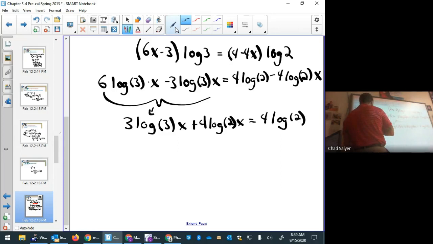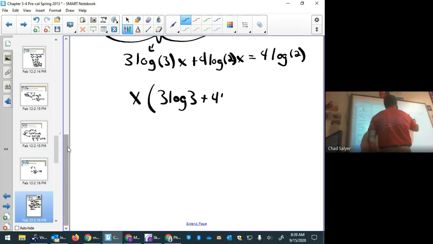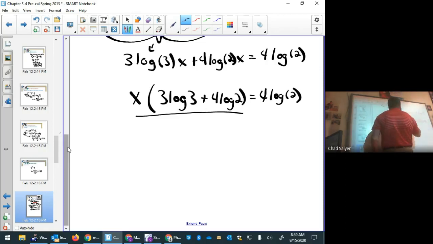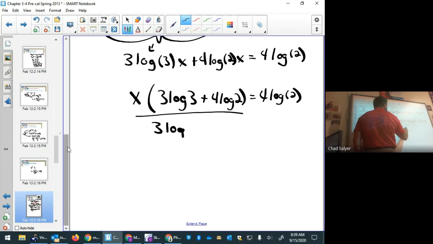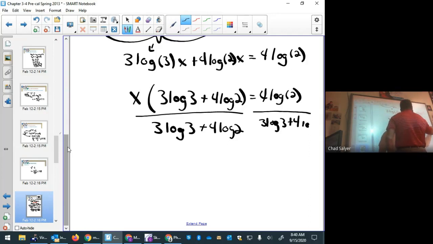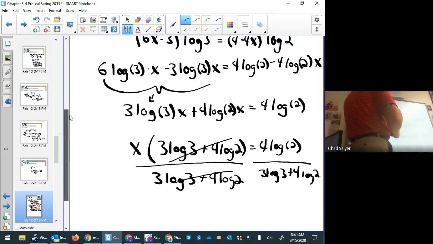Now I'm going to factor out that x. Parentheses are no longer so necessary. Now I'm going to divide away this messy thing here. So there's my answer.